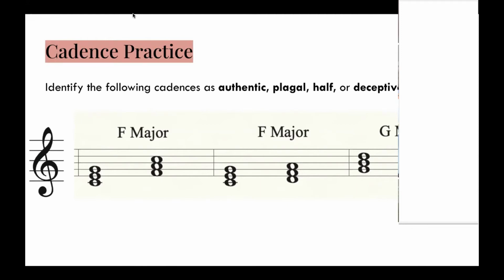You guys can label it if it helps you figure it out. Authentic. Yeah, it is an authentic cadence. So first, as you can see, the first one is a C chord, and the C scale is F, G, A, B flat, C. It's the 5th note of an F major scale, and it goes back to the F, which is a 1 chord. Okay, the second one, it's also an F major.